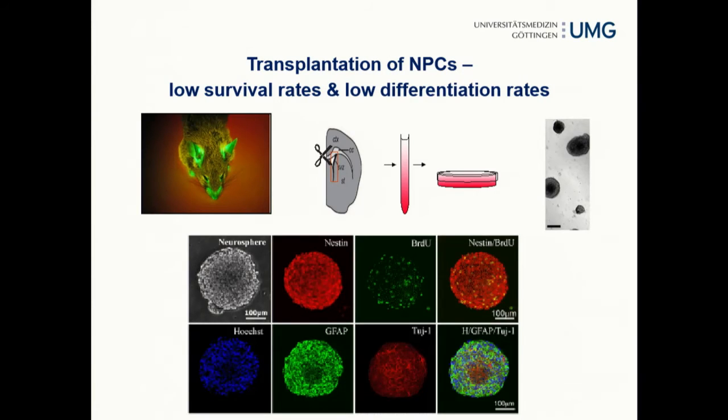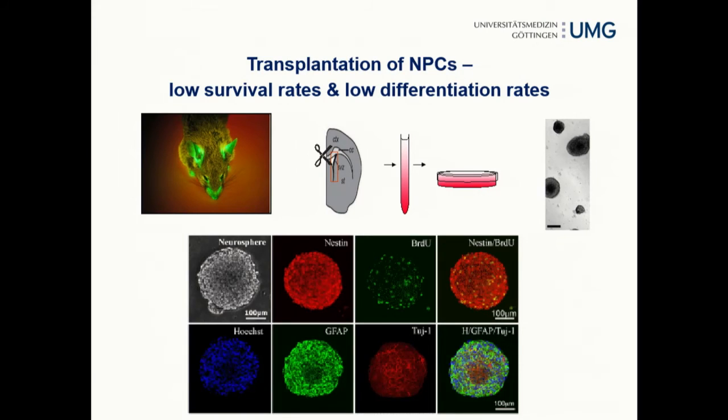So there's another way to manipulate endogenous neurogenesis, and this is the transplantation of NPCs. You can obtain these NPCs from the subventricular zone and put them into the culture dish. They will form neurospheres, and you can easily transplant these cells in mammals. The problem with this approach also is that you have low survival rates and very low differentiation rates of these grafted cells.